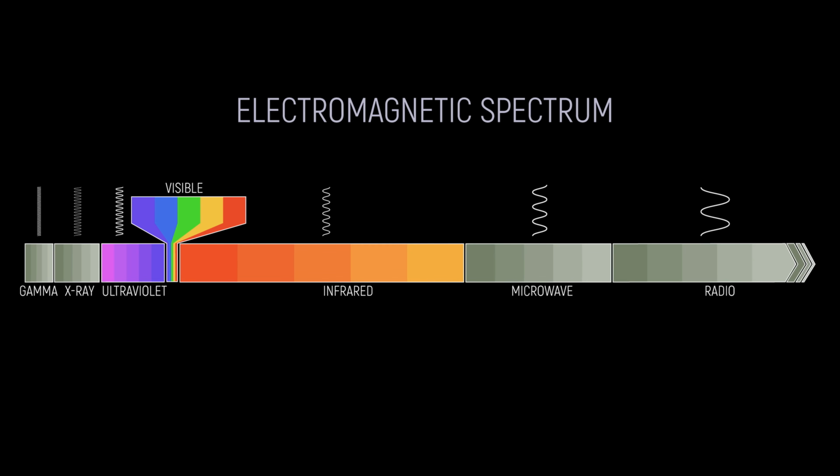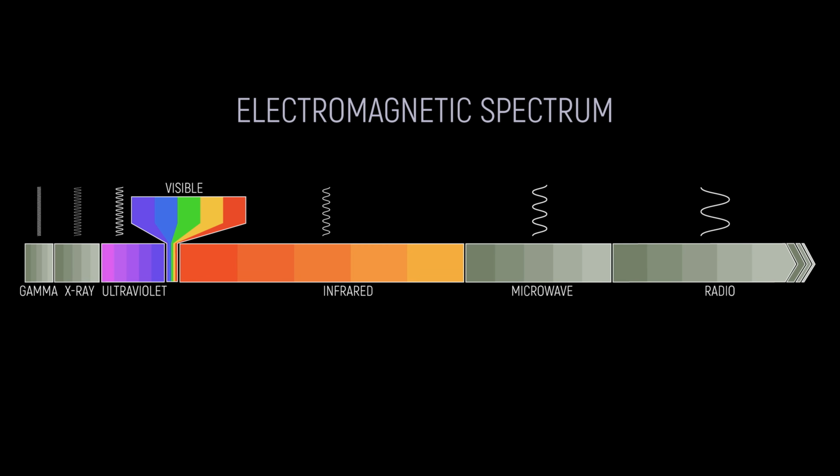Now, as far as we are concerned, for the purpose of our conversation, what is of interest is that one of these wave-like properties is the wavelength. So light can have wavelength, which is a measurable distance between two wave peaks.